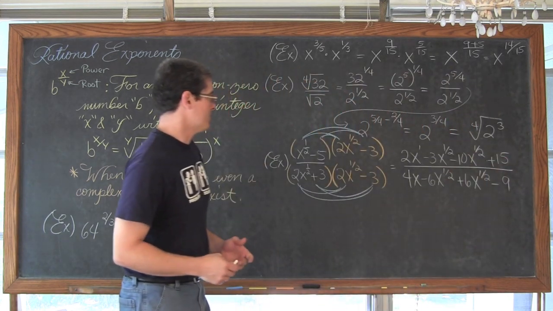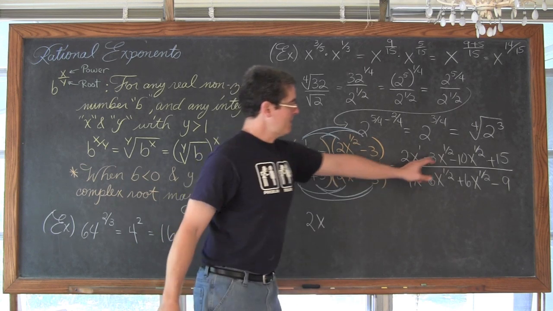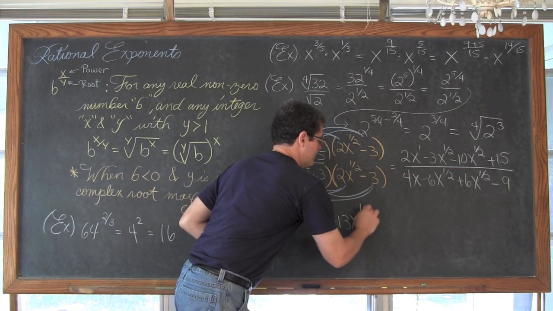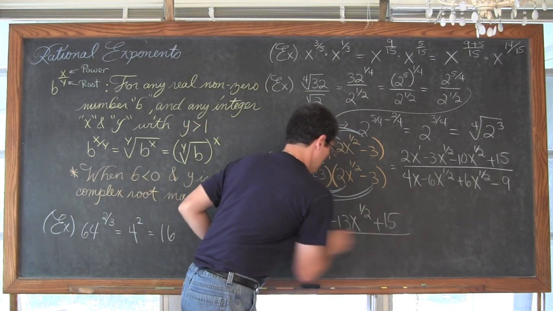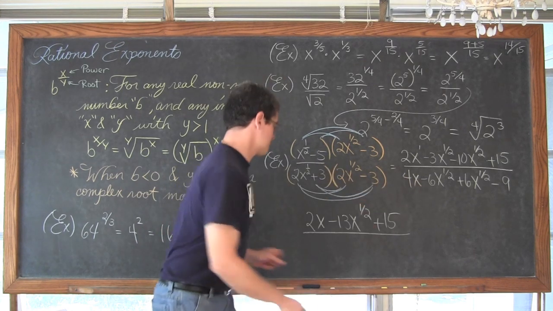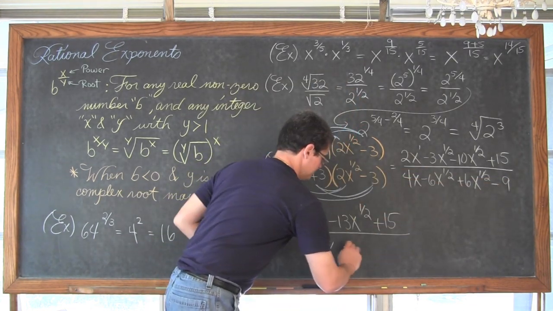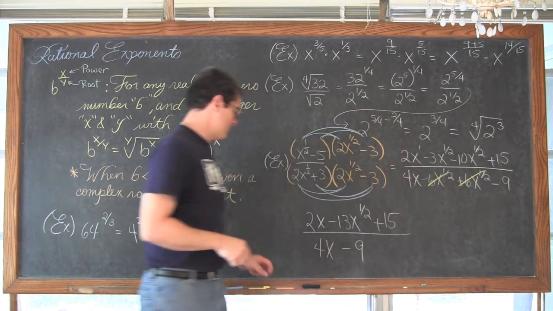And let's clean this up a little bit. We have 2x. We have negative 3 and negative 10, which is negative 13x to the 1/2 power, and positive 15 over 4x minus 9, because these middle terms are going to cancel out.